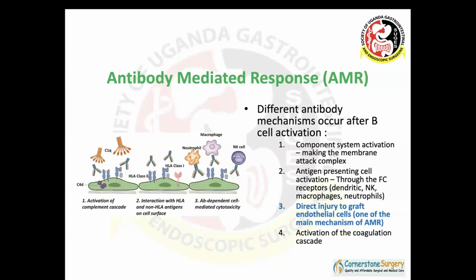They don't need to activate anything. And lastly, the antibody response also activates the coagulation cascade. So these 4 methods are how the antibody-mediated response works. Most of it is against the endothelial cells in the graft.